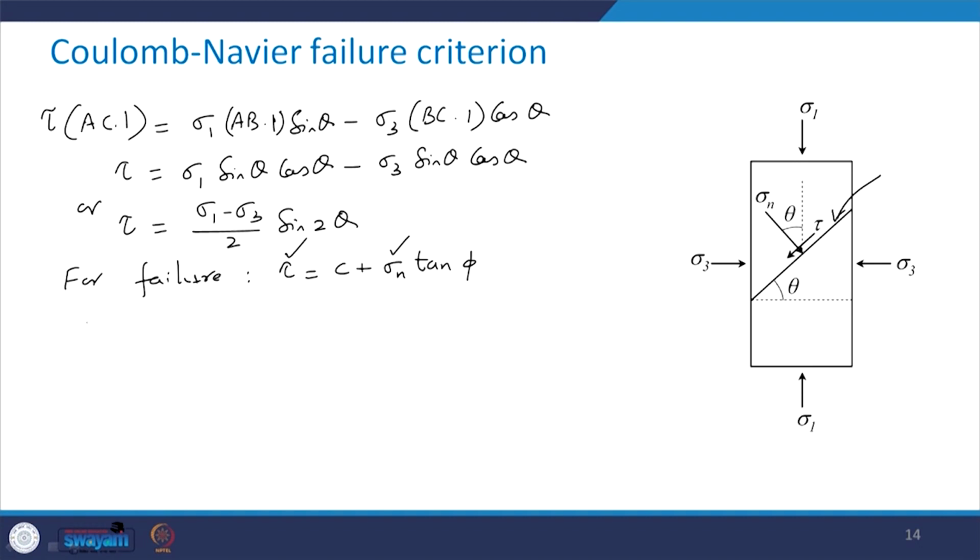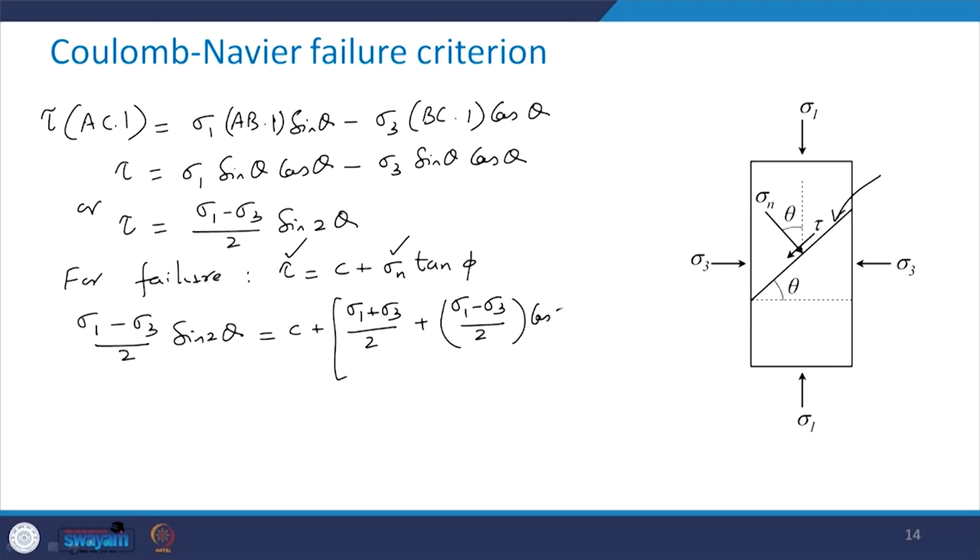What we are going to get is sigma 1 minus sigma 3 upon 2 sine of 2 theta, equal to C plus sigma 1 plus sigma 3 upon 2 plus sigma 1 minus sigma 3 upon 2 cos of 2 theta, and this whole should be multiplied by tan of phi.